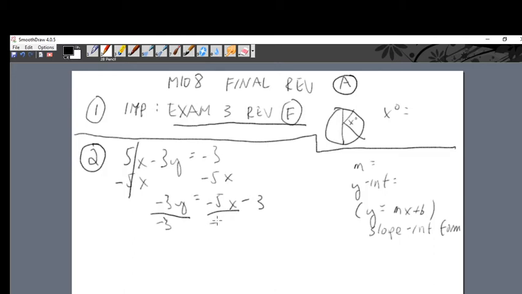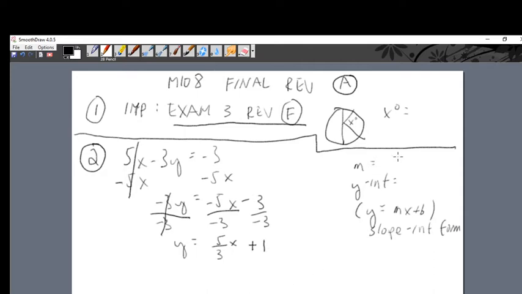You get y equals 5/3 x. The negative and negative cancel out. That's very important. The minus 3 over minus 3 also cancel each other out, so this turns into a plus 1 because 3 over 3 is 1.